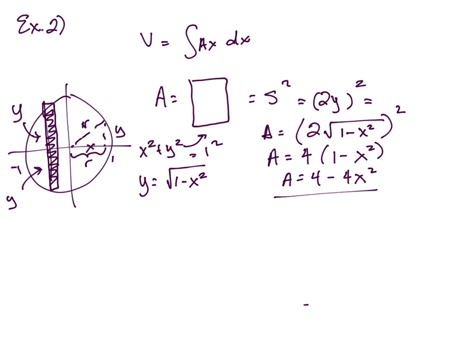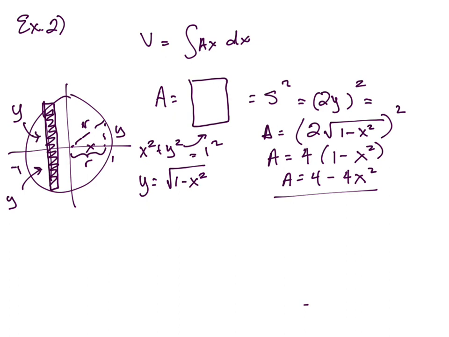Each side of the square is laid over on the y-axis here. There are 2 y's to account for one base. So I would have 2y squared. Y can be found using a Pythagorean relationship, mostly because I'm dealing in a circle. And the radius of the circle is 1. So y is equal to the square root of 1 minus x squared. 2 of those get squared. There's our area. Yeah? Okay.